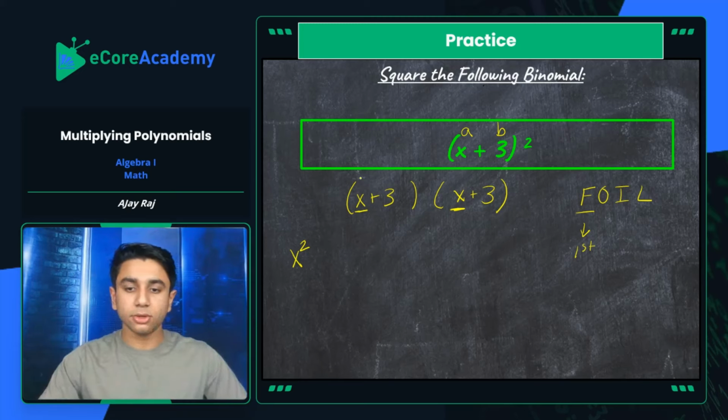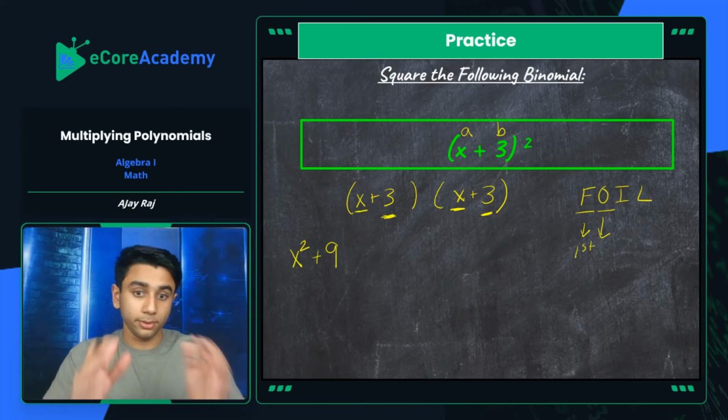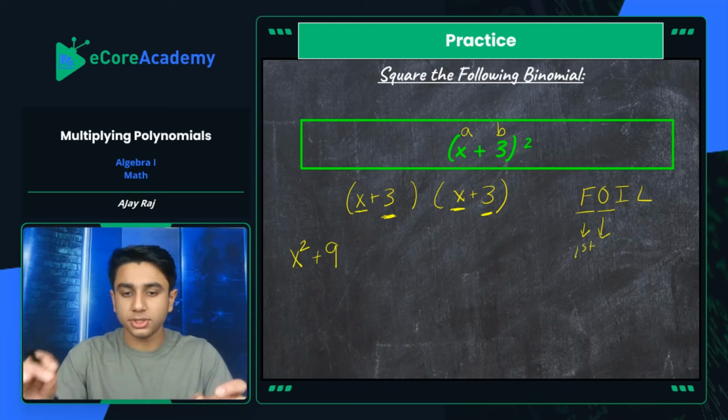Now, the next step is to take the outer terms, the 2 outermost terms, and multiply those together. Here we have 3 and 3 as our outermost terms. We're left with 3 squared, essentially 3 times 3, and that's going to be 9. So that's where we got the common misconception of a squared plus b squared. That's still part of our answer, x squared plus 9.